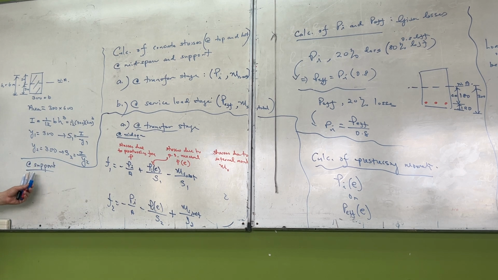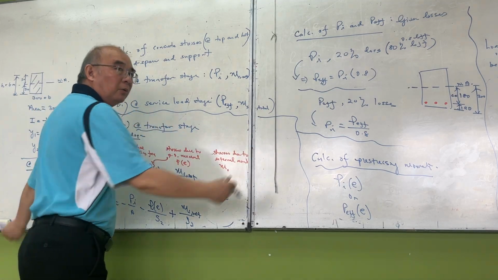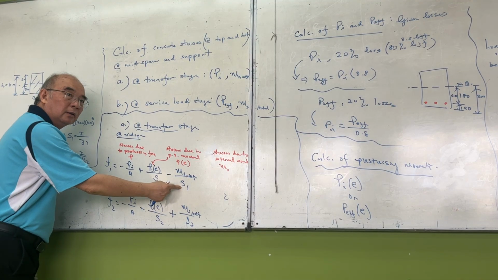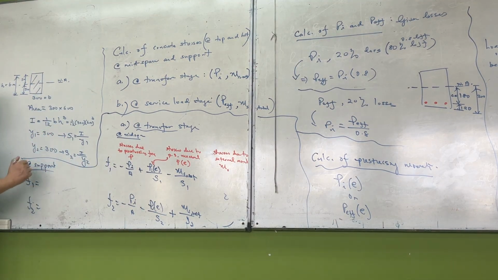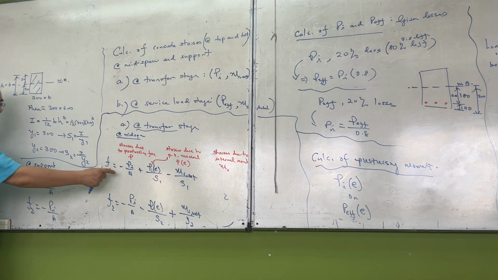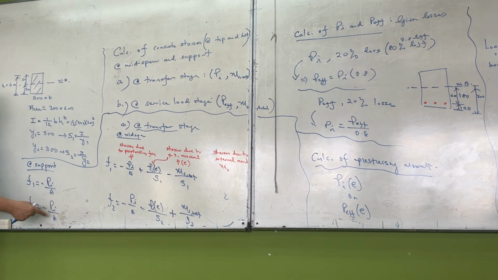In this case, the left support and the right support are the same, so we just do one. At the support, we also have F1, F2. So we also have three terms, one, two, three. The first term is the same, P initial over A. If you have calculated this, you do not need to recalculate, just put it in here.